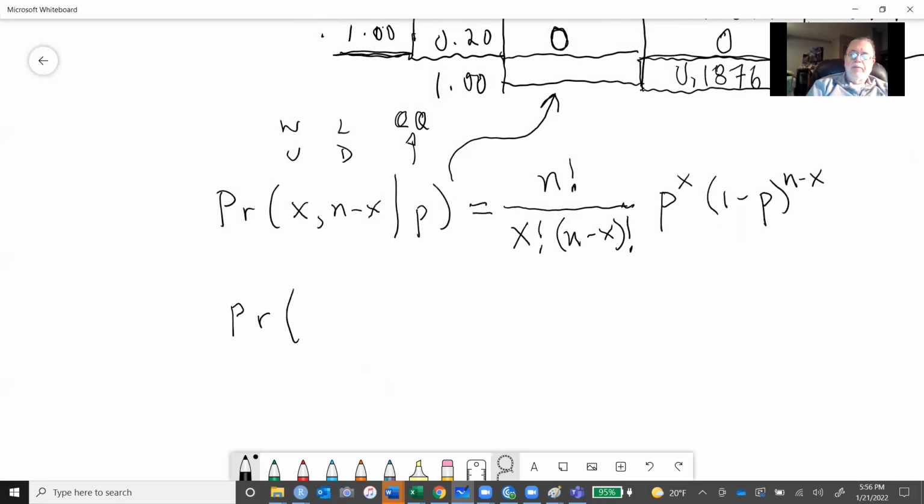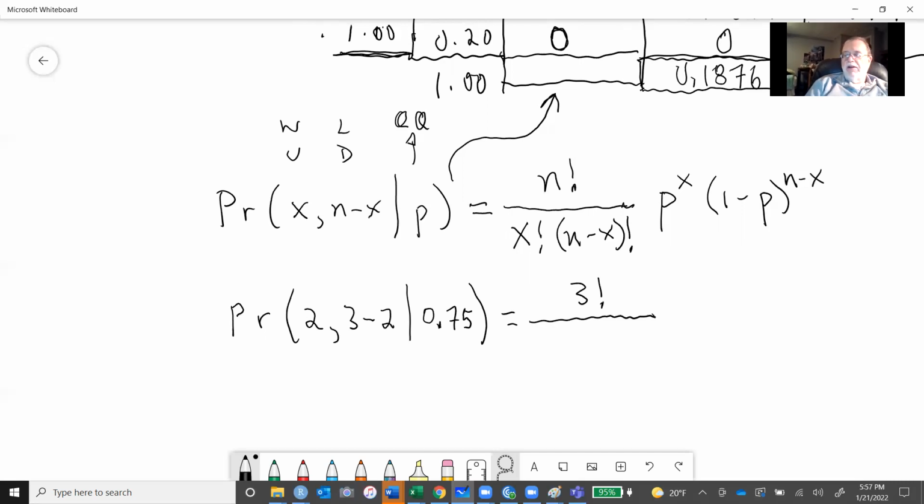Probability of 2 waters in 3 tosses, given p equals 0.75, equals 3 factorial, which is 3 times 2 times 1.